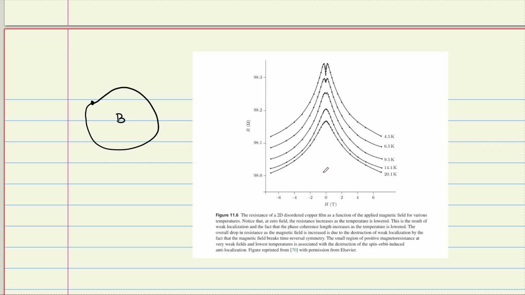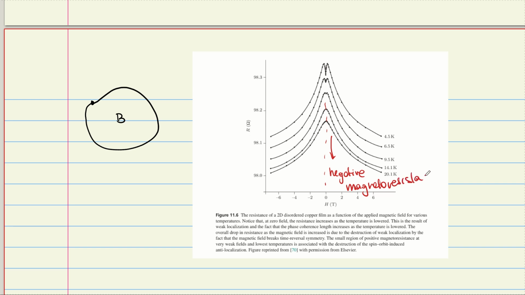So what is happening here is you can see the magnetic field is 0, and this is a low temperature, on the order of 20 Kelvin, right? To see the quantum effects, you need to go to low temperatures. And as you increase magnetic field, resistance is decreasing, right? So this is negative magnetoresistance.